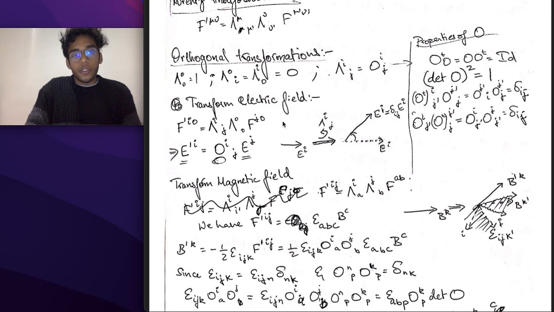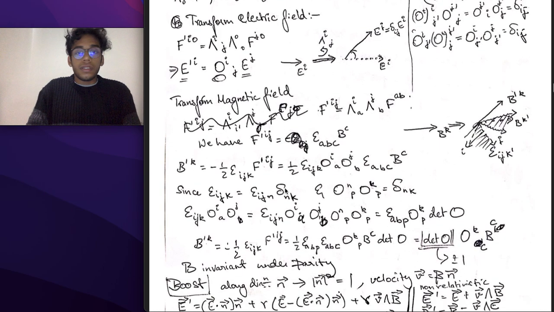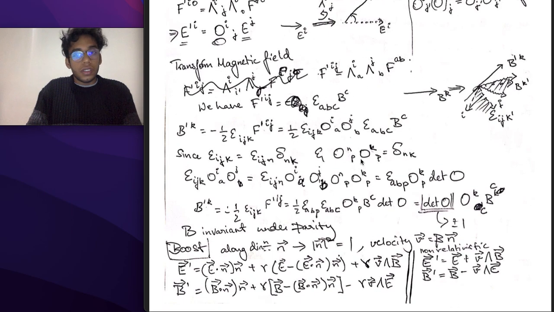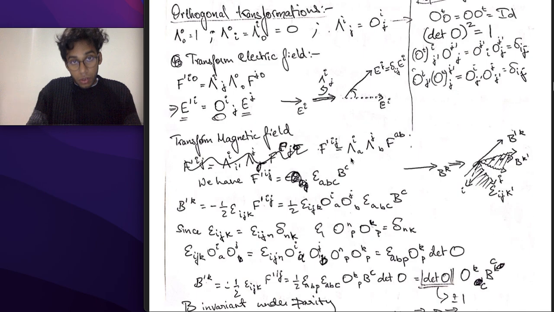Because the determinant of your O3 orthogonal transformation is plus or minus 1, the magnitude of the vector itself does not change. So it doesn't really make any difference. With respect to the things you're calculating, only the angles matter, right? Now we look at the transformation of the magnetic field similarly, and what you notice here is E_ij.